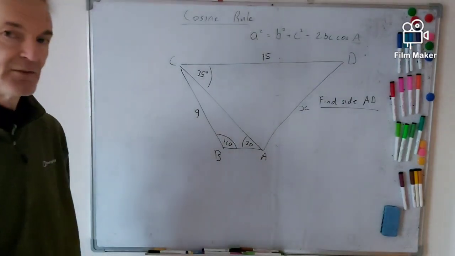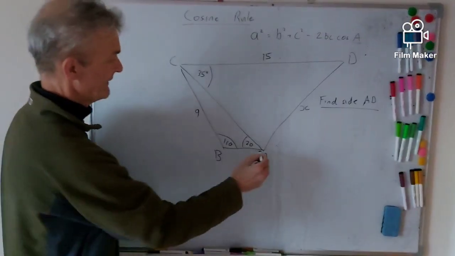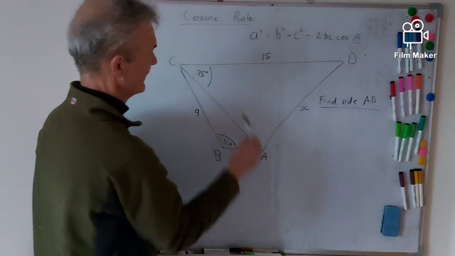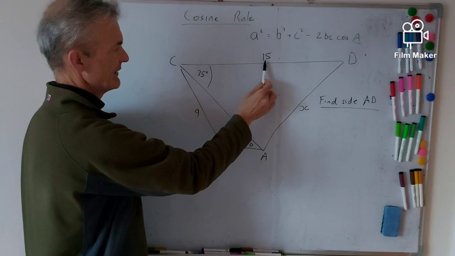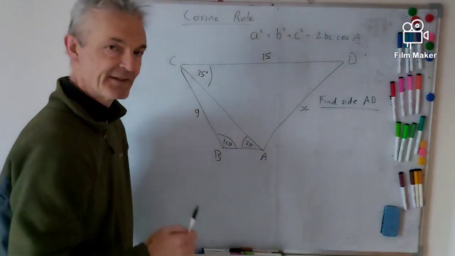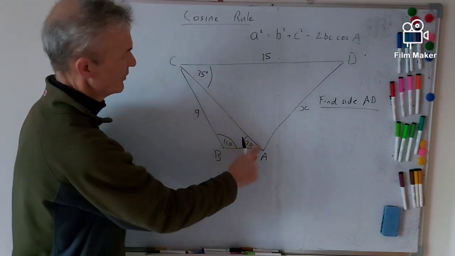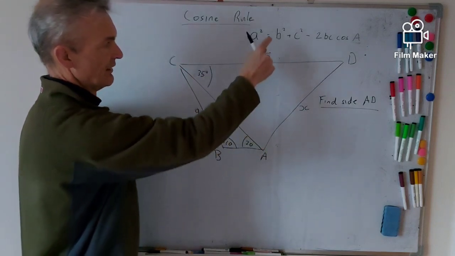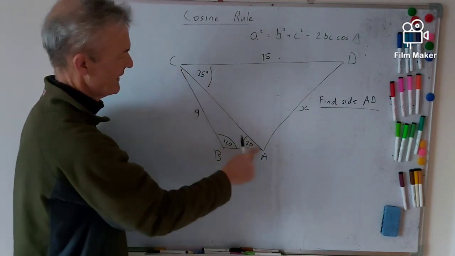Now, if you look at the information we've got, not got enough information to do that in the triangle ACD. We've got this angle over here and we've got this side here. But hopefully you can see that if we can get this side here, we can then use the cosine rule. So we've got to find that side there.